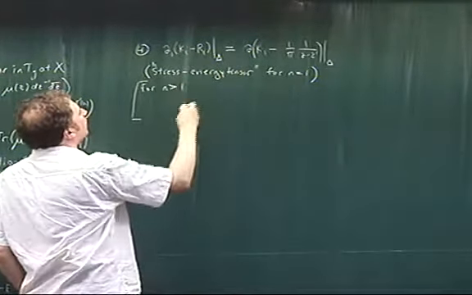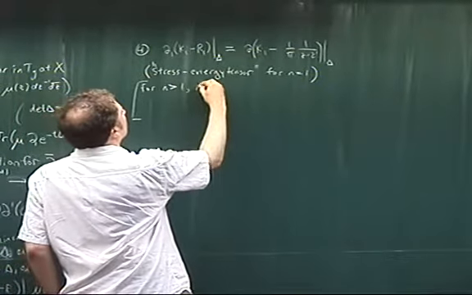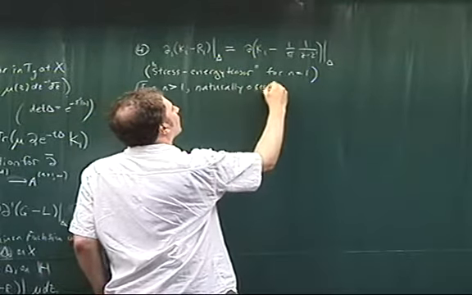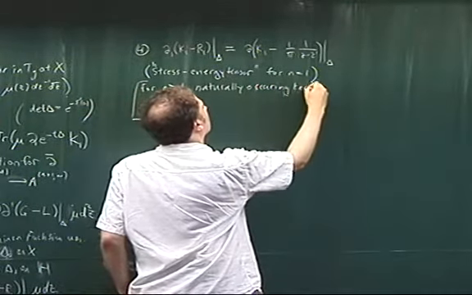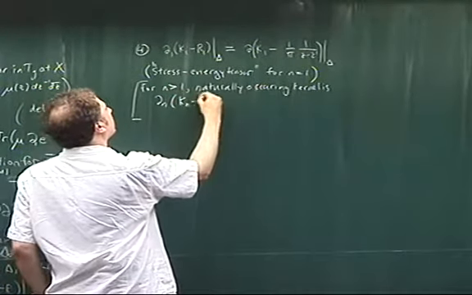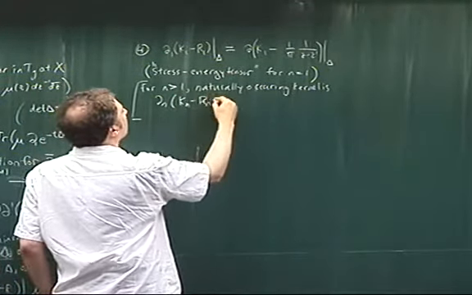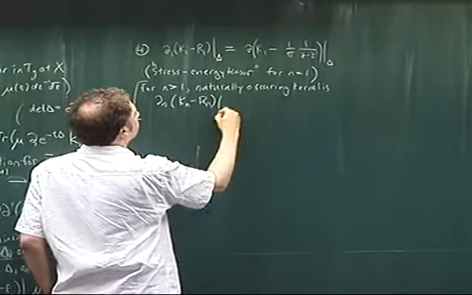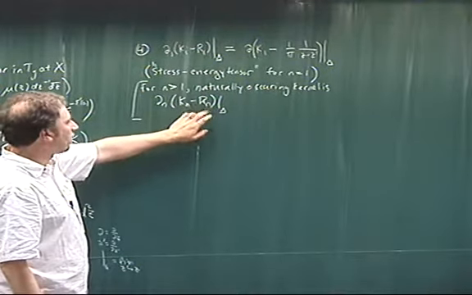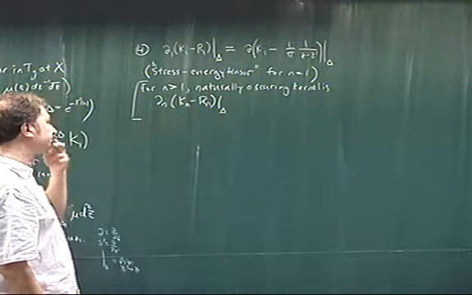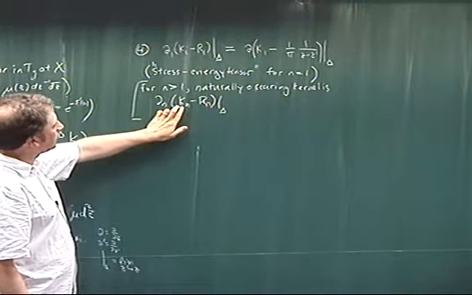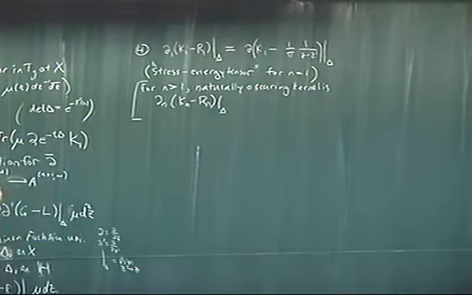For n bigger than 1, the naturally occurring kernel is dn of kn minus rn, where Kn is the Green's function for d bar n.